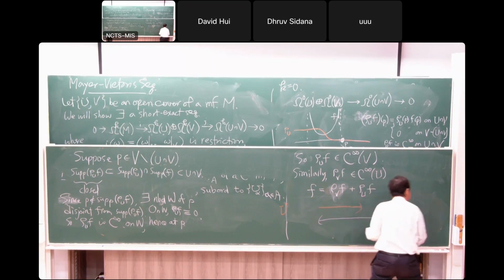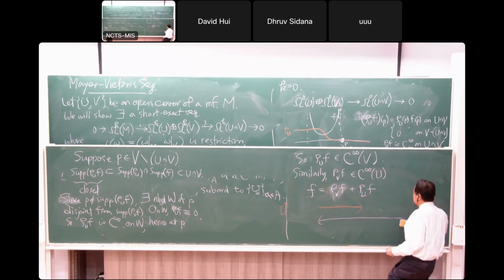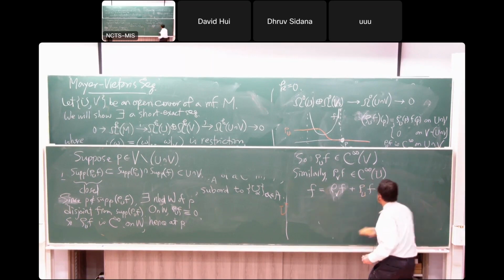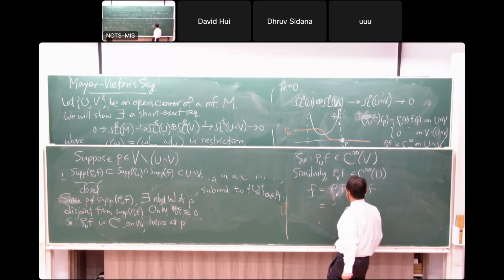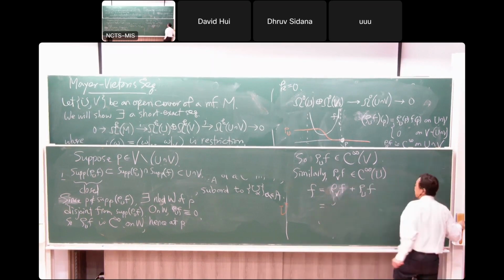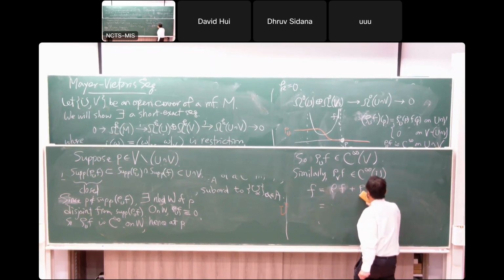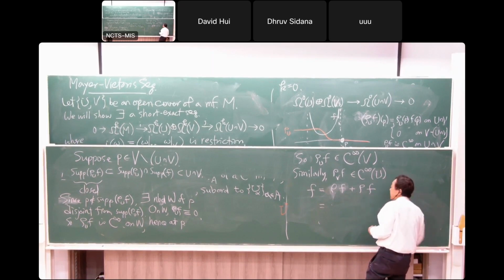But what we need is the difference of two functions. So you write this as, oh, just a minute. No, this is a function on U, right? So I need to write it this way.